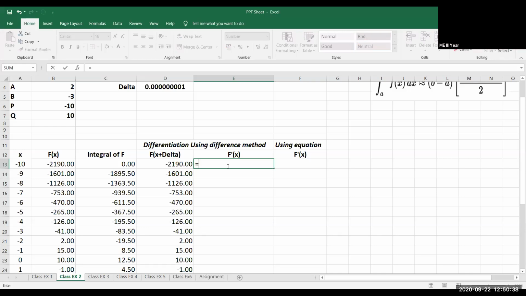While you are finding out differentiation by first principle, that is nothing but f(x plus delta).